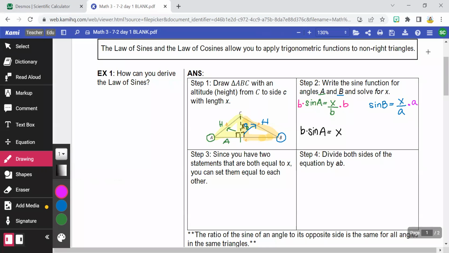So this time we have to multiply by A. So we get that A times sine of B is equal to X.